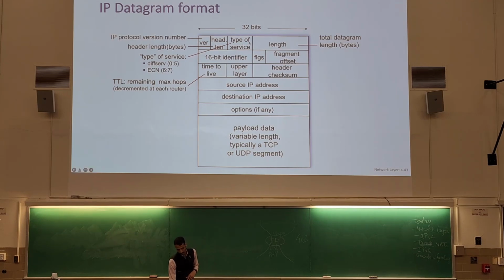Then you see this thing called an upper layer. What do people think this upper layer is for? What protocol? The payload, right? Whether it's TCP or UDP or DCCP or RTP or whatever transport protocol they use.